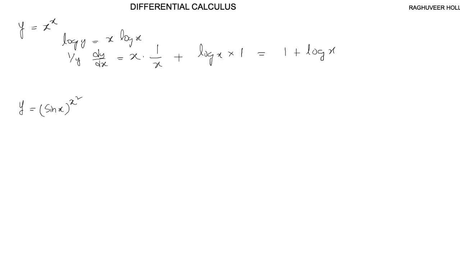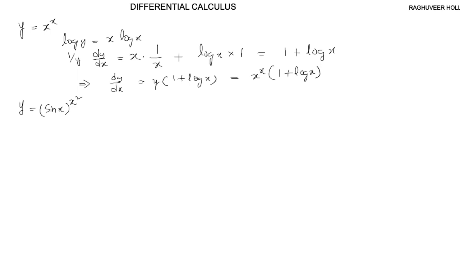Okay, and this implies dy by dx is equal to y into 1 plus log x, which is equal to x to the power of x into 1 plus log x, right?